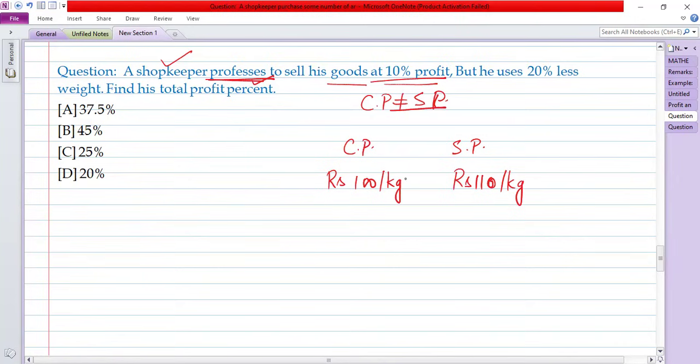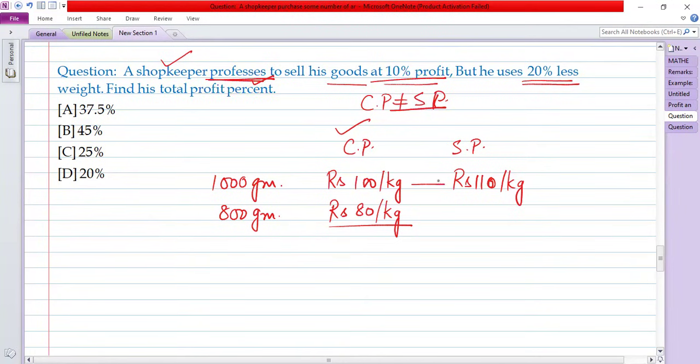Okay. So now all these, they are for what? They are for 1000 gram of the quantity, but he is using 20% less weight, means actually it is 800 gram. So what is the actual cost price for this shopkeeper? Rupees 80 per kg. So rupees 80 per kg is the actual cost price for the shopkeeper.